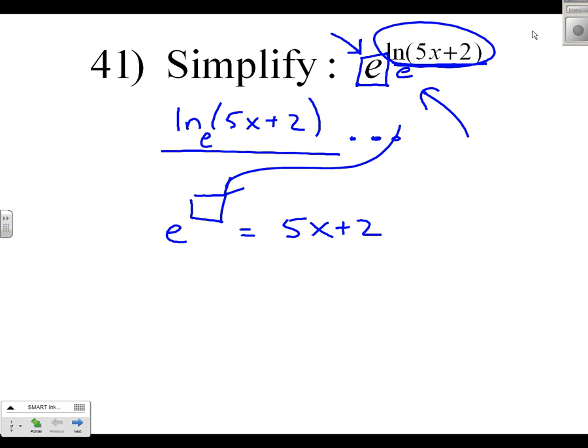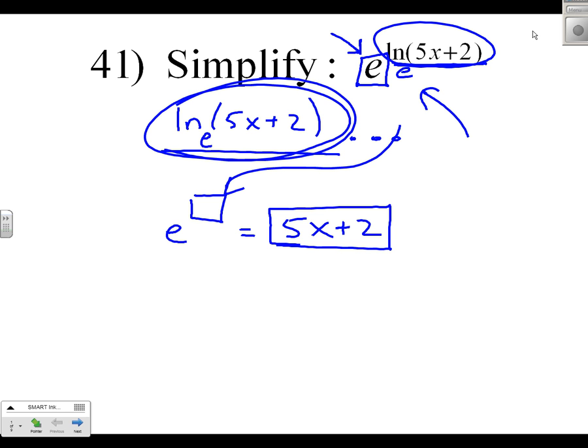And if it is there, it turns e into 5x plus 2. And that is it. It met its perfect match. This thing was just wandering around aimlessly in life, looking to attach itself to here so it could turn that e into 5x plus 2. So 5x plus 2.